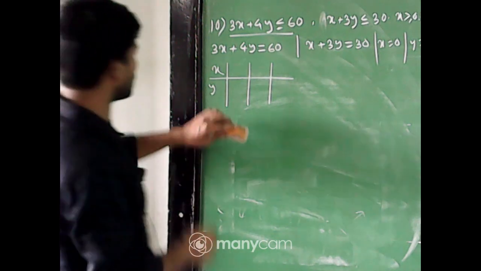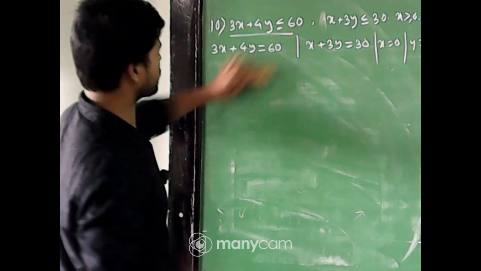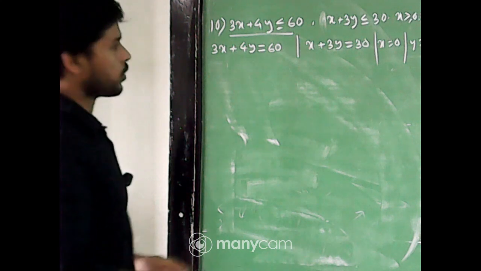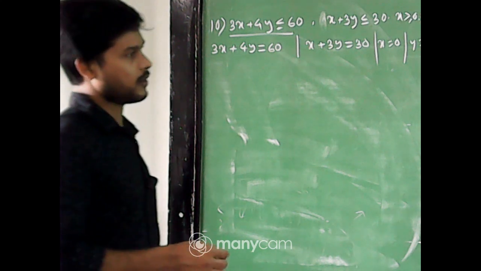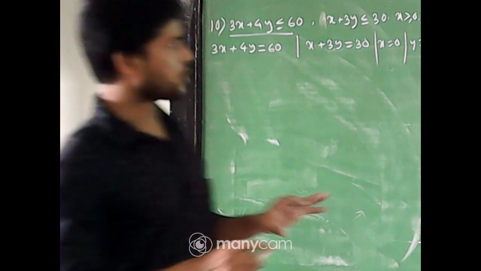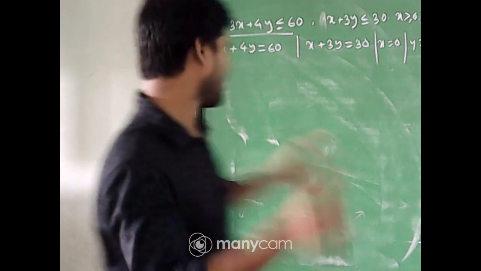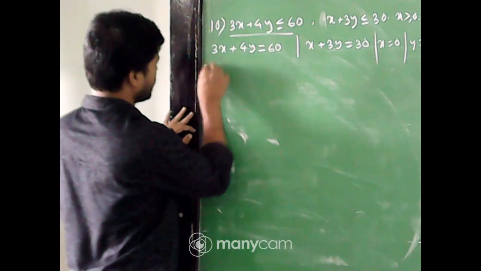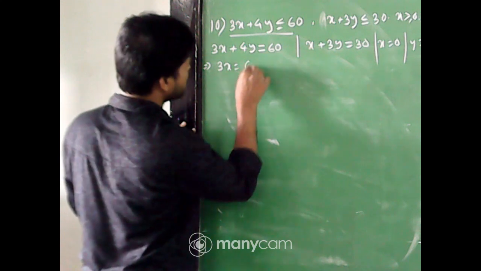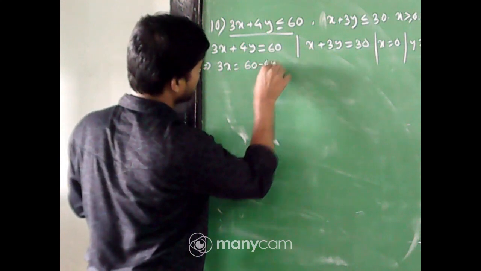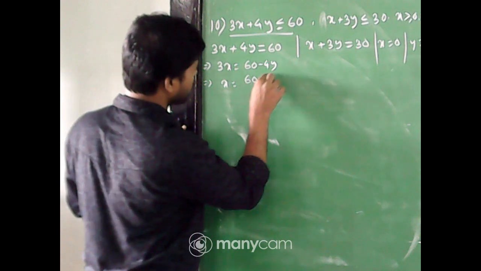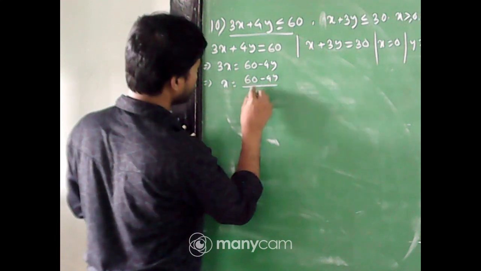Before finding the solution, if I convert this equation into intercept form, do you have any problem? Okay, we're doing it in this method. So 3x will be 60 minus 4y. That means x will be equal to (60 minus 4y) by 3.